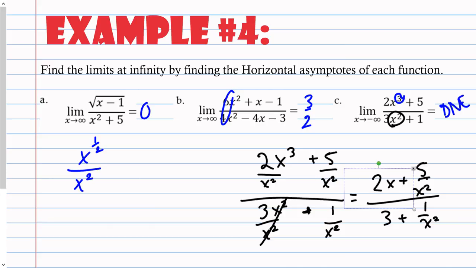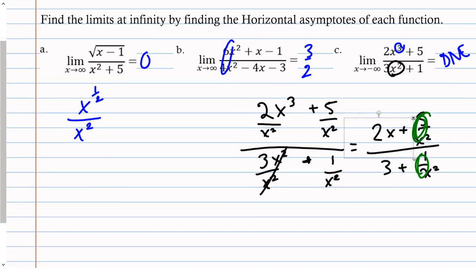So remember, the top or bottom heavies become zeros. So this is 0 and 0. So now I have 2x plus 0 over 3 plus 0. So now it's kind of like you're plugging in. My x was supposed to be approaching negative infinity. So this is just going to be negative infinity.